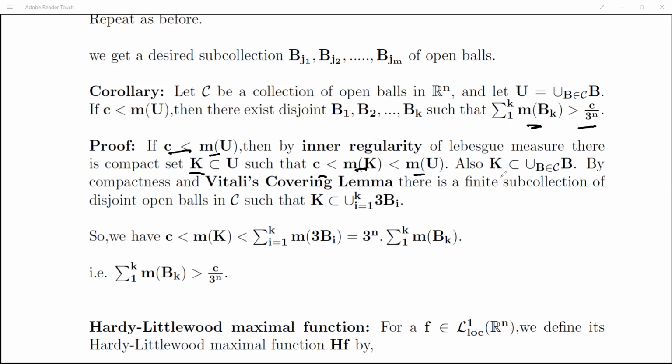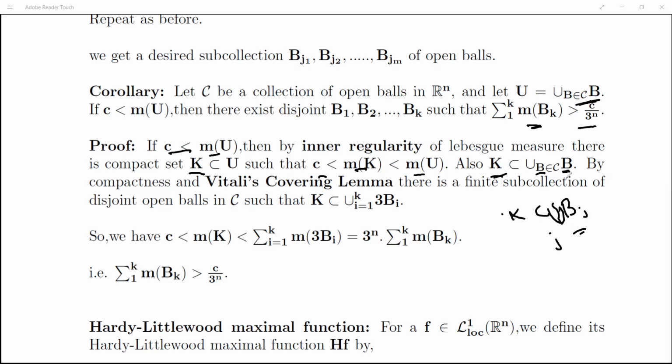And then you know that since U is covered by these open balls, your K is also covered by these open balls, and then use the compactness. Then you get a finite subcollection. So K is covered by some finite number of balls, and then again use the Vitali covering lemma.